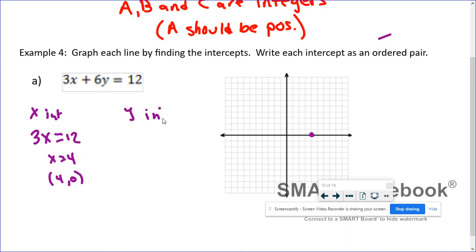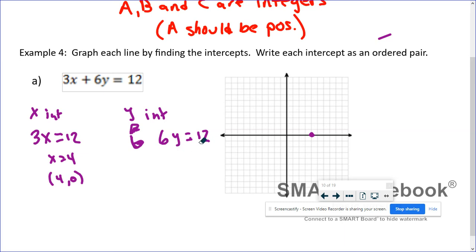Y-intercept is just the same. The y-intercept is when it's on the y-axis. What I can guarantee about any point on the y-axis is the x value is 0. So if I substitute 0 in for x, 3 times 0 is 0, and it's gone. So to find the y-intercept, I'm just going to look at the equation without the x, so 6y equals 12.